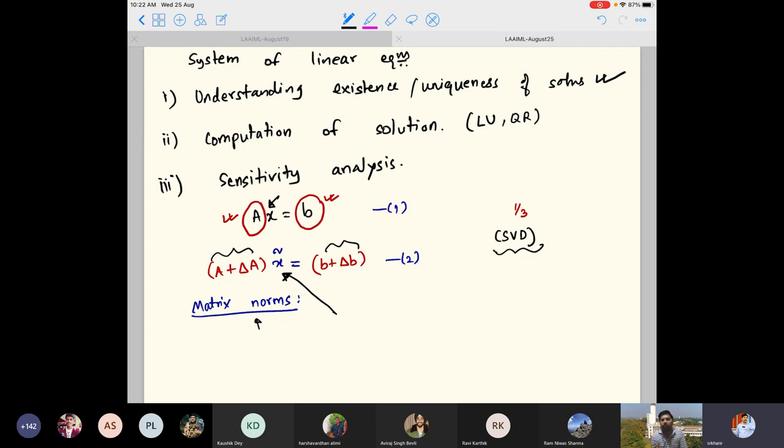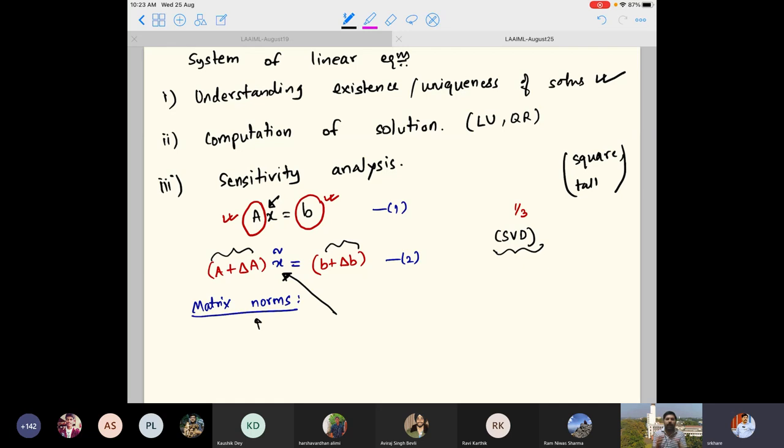We want to do this typically for two types of systems of equations, one square and the other tall. We'll focus mainly on these, and then after this we'll focus on systems of equations which are wide, right? So in the next few classes, maybe 2 weeks or so, this is the plan.